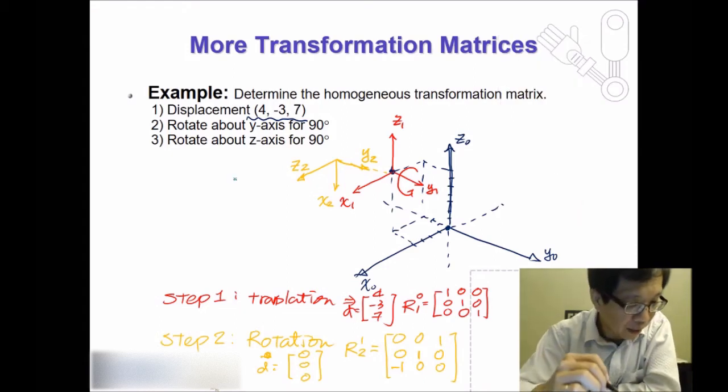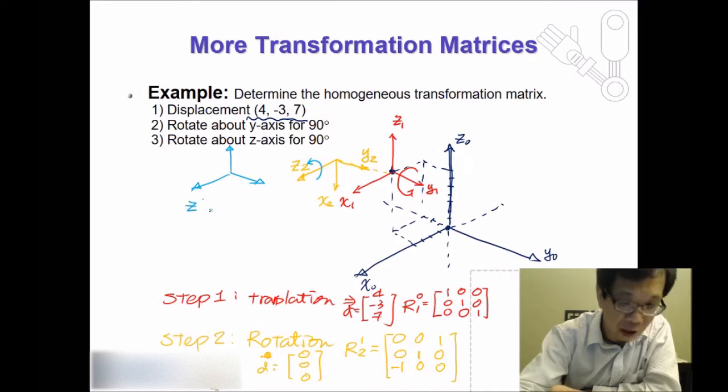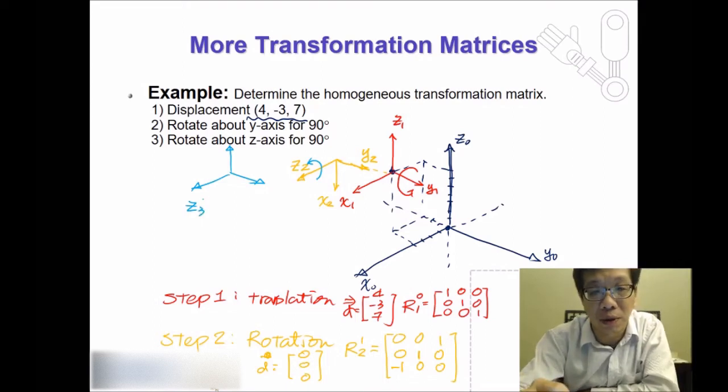So I'll have my new coordinate system. Clearly, z3 is going to be the same as the z2 direction, since we are rotated about z2 direction.